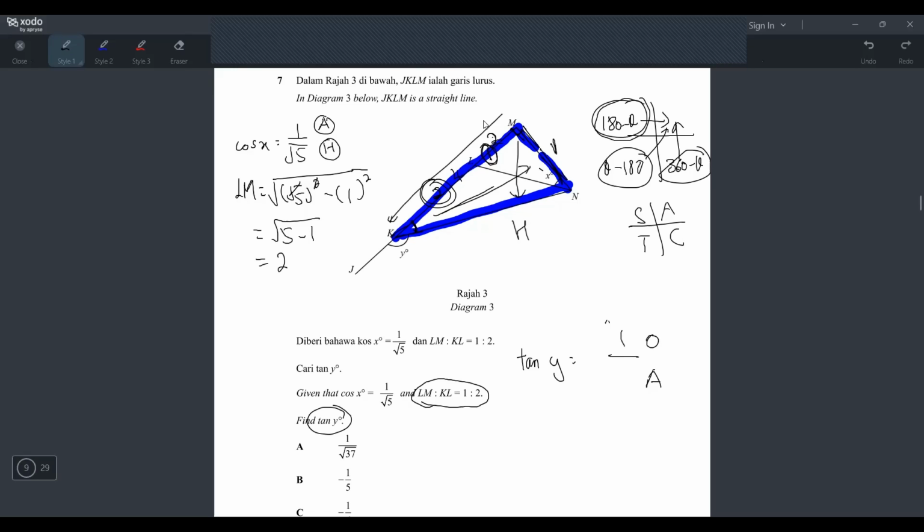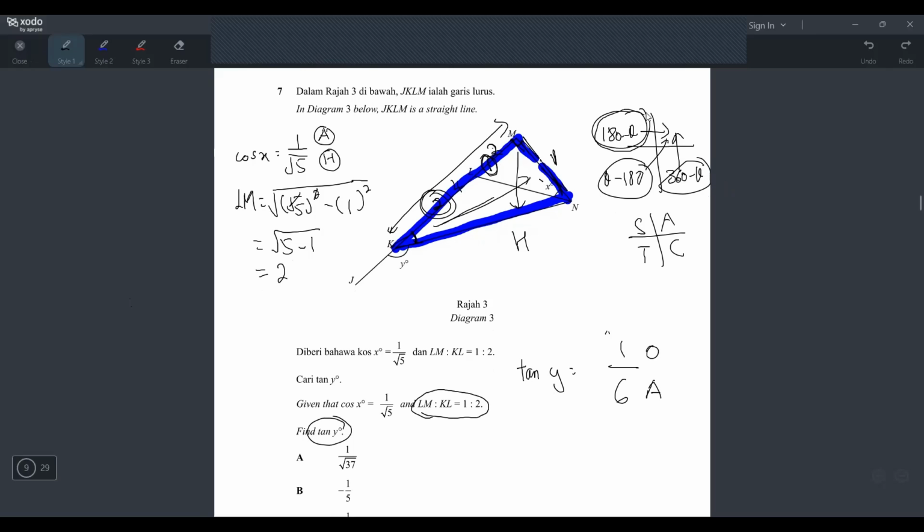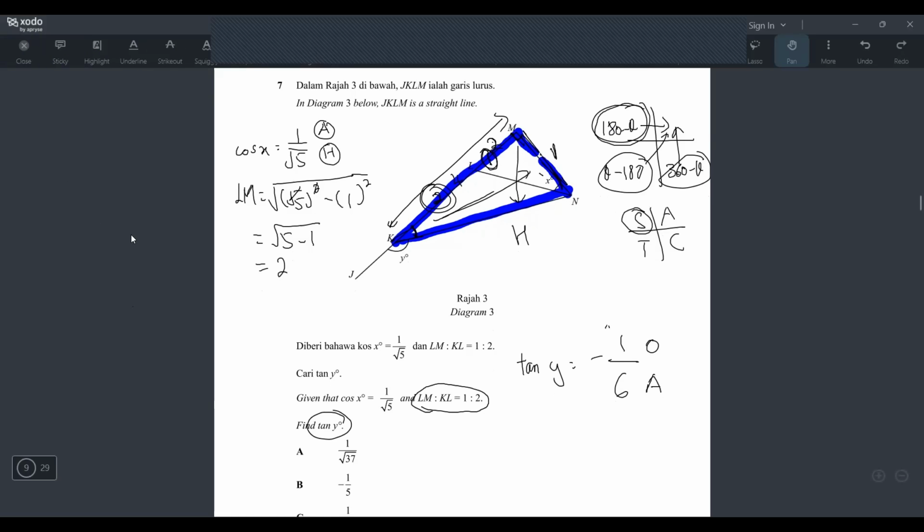So the adjacent will be this length, which is 4 plus 2, which is 6, right? But if you circle 1/6, I think it's wrong, right? Yes, it's wrong, because I told you already, after you do it like this, you have to consider the quadrant. Your angle now is not in quadrant 1, it's actually quadrant 2, and in quadrant 2 only sine is positive. That's why you have to add a negative here. So that's why the answer is C, right?